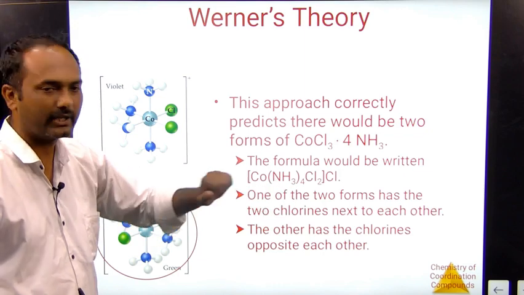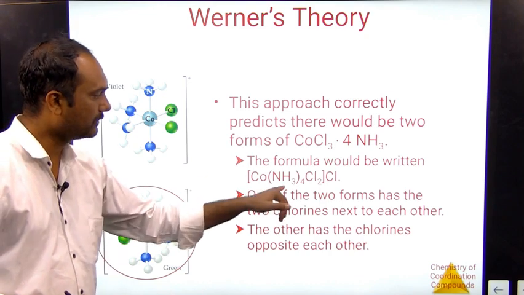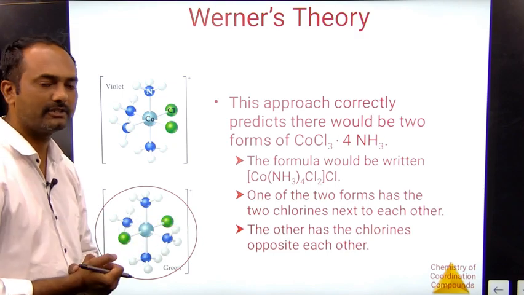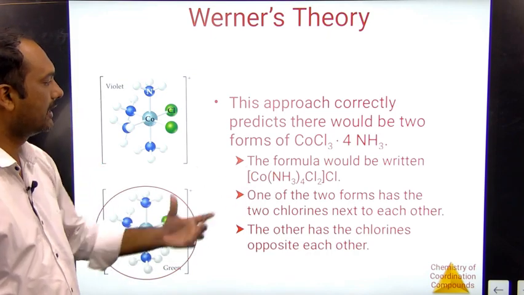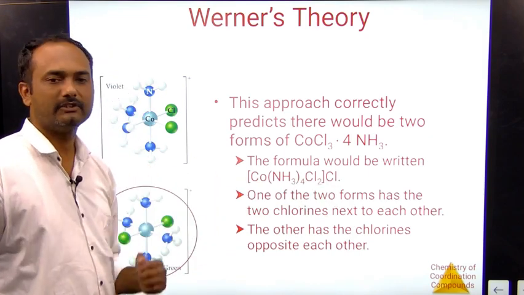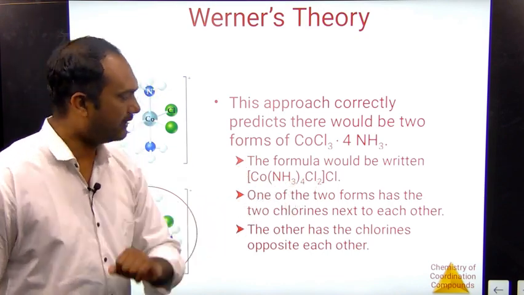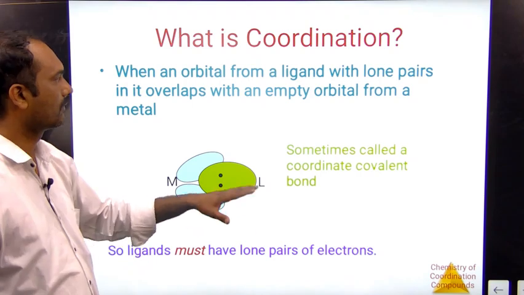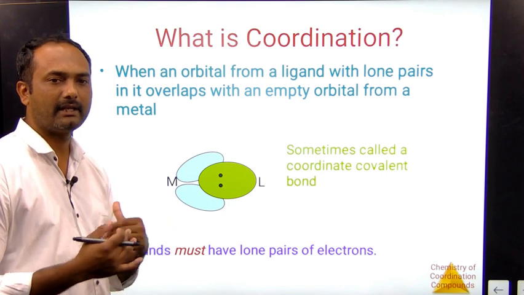We have 4 NH3 groups and 2 chlorine atoms inside the square bracket, that is the coordination sphere. These groups or atoms are directly attached to the central metal atom and are termed secondary valency. And the one single chlorine atom placed outside the square bracket will be termed primary valency. This is how there will be bonding between ligand and central metal atom.